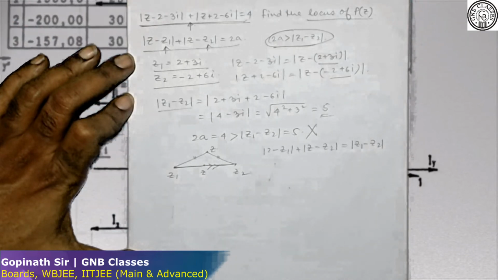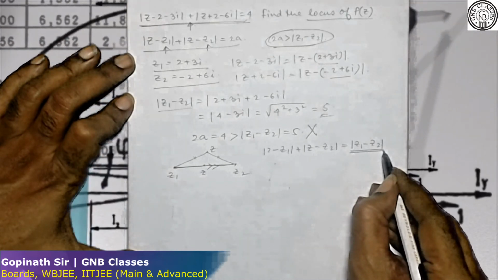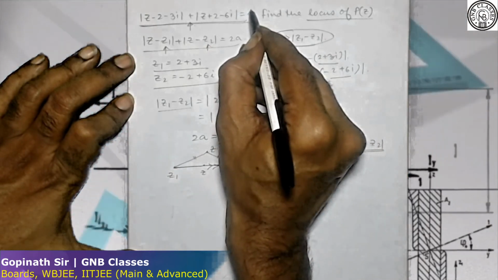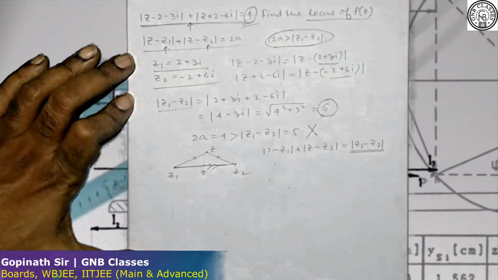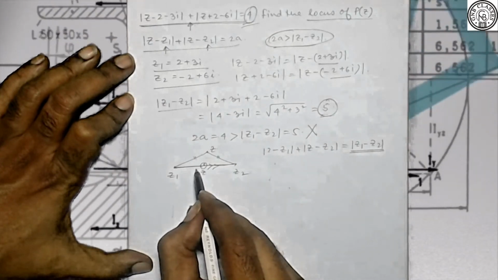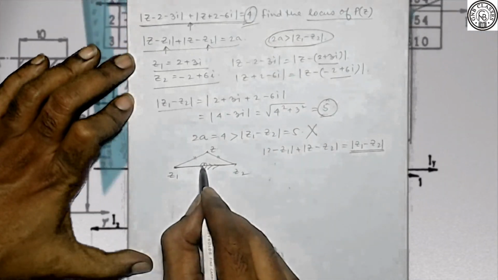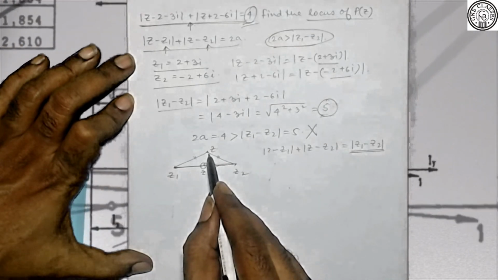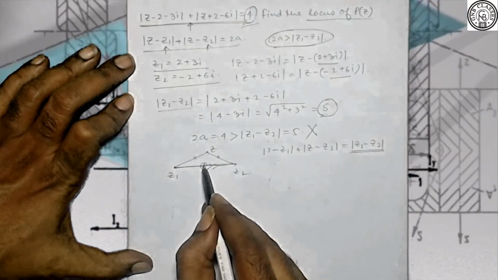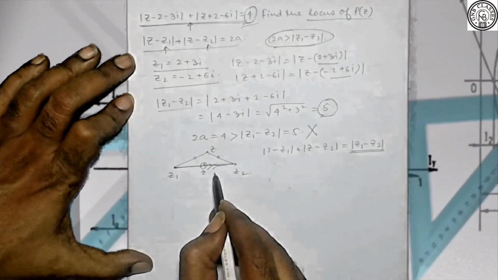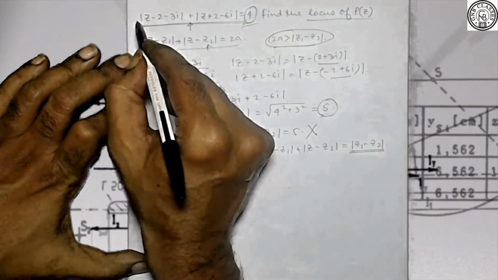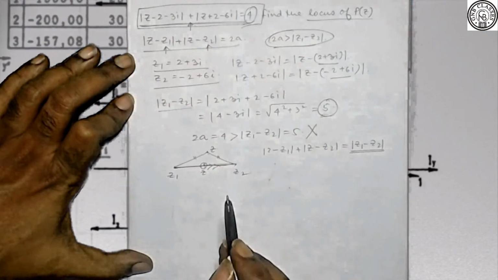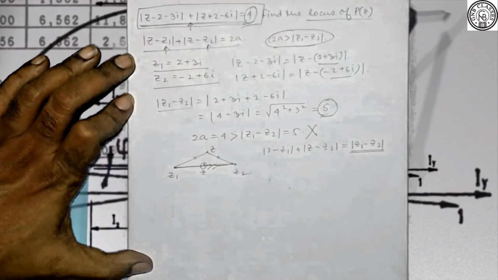Tell me yes or no. But mod of z1 minus z2 is 5, and they have given that the sum of these two distances is 4. Therefore, z cannot lie on the line joining z1 and z2. So z cannot be outside this line, and z cannot be on this line. Therefore, this equation does not hold true for any z.